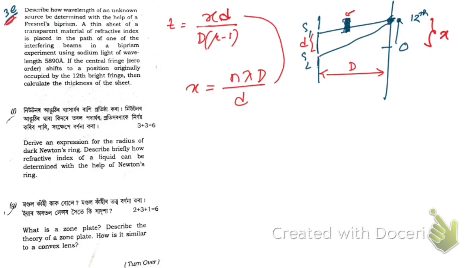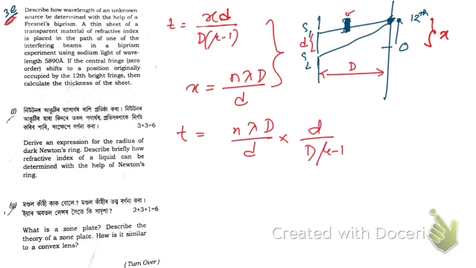So if you use this value instead of x, t = (nλD/d)·d/(D(μ−1)). Here d will be gone, and D will be gone. So then the expression will be t = nλ/(μ−1). That's what we are going to have.